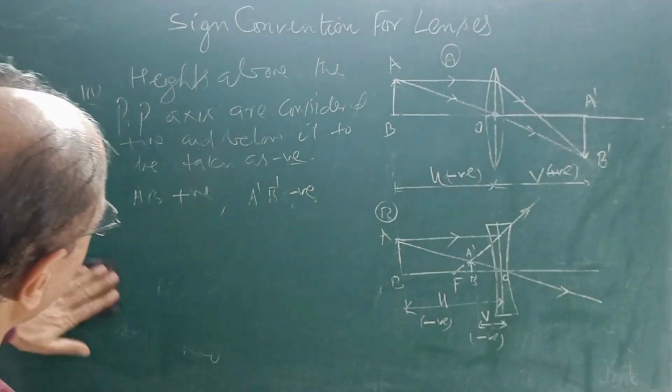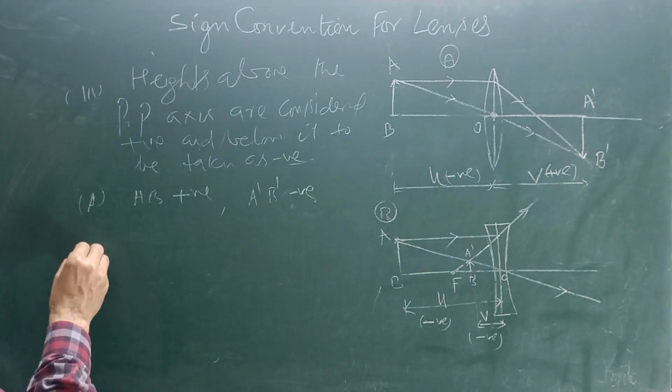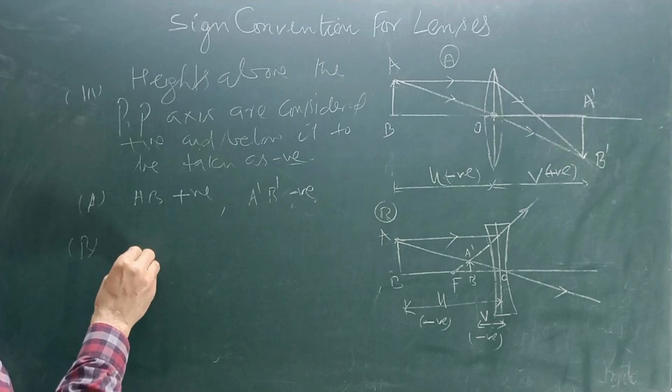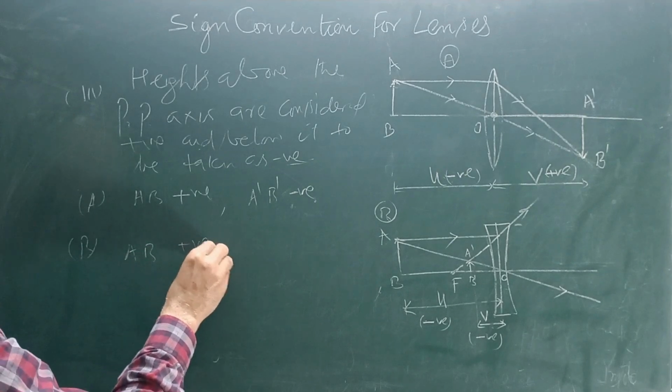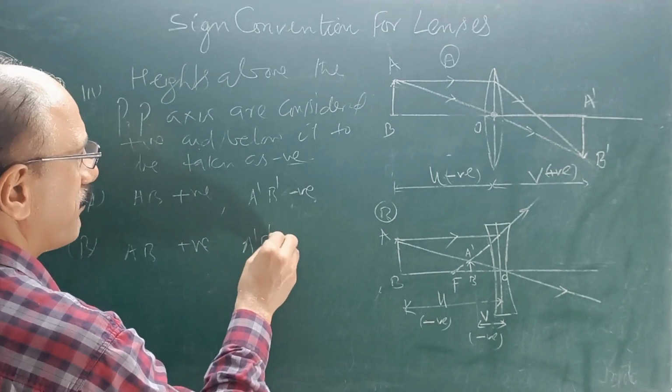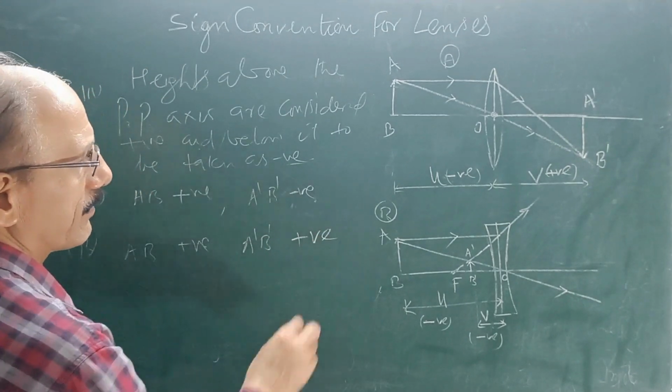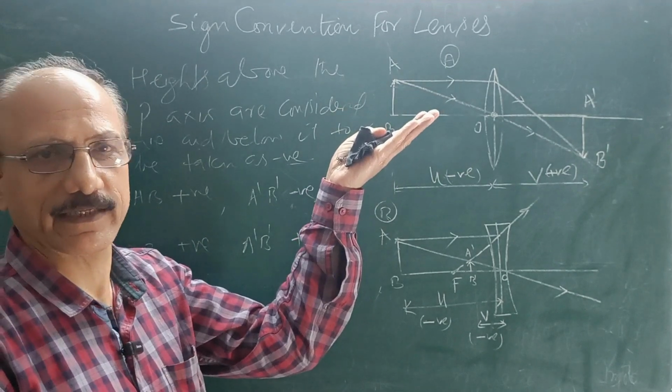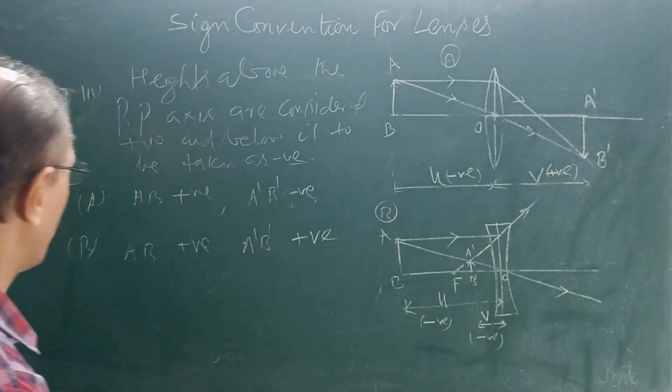In the second case, AB is positive and A dash B dash is also positive, because this is above the principal axis, so it is also taken as positive.